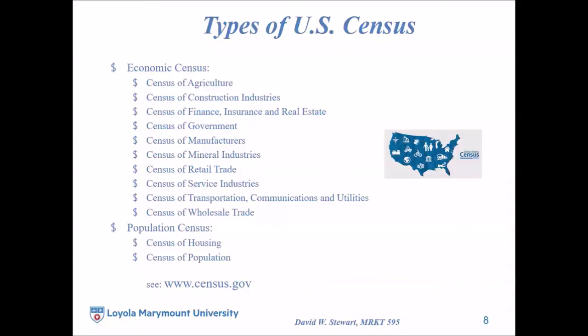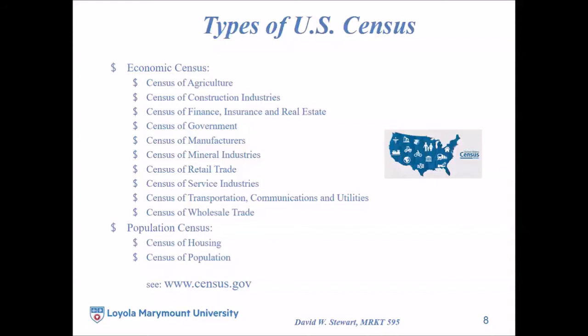However, to supplement that information, the Census Bureau also does the American Community Survey. It's not a census. In a census we try to count everybody. But the American Community Survey is a survey of about 3 million people every year with lots of detail.